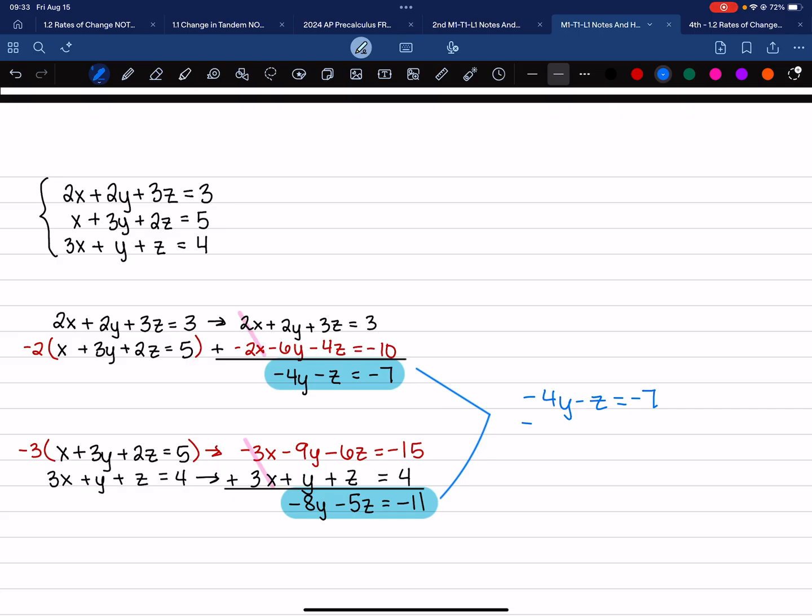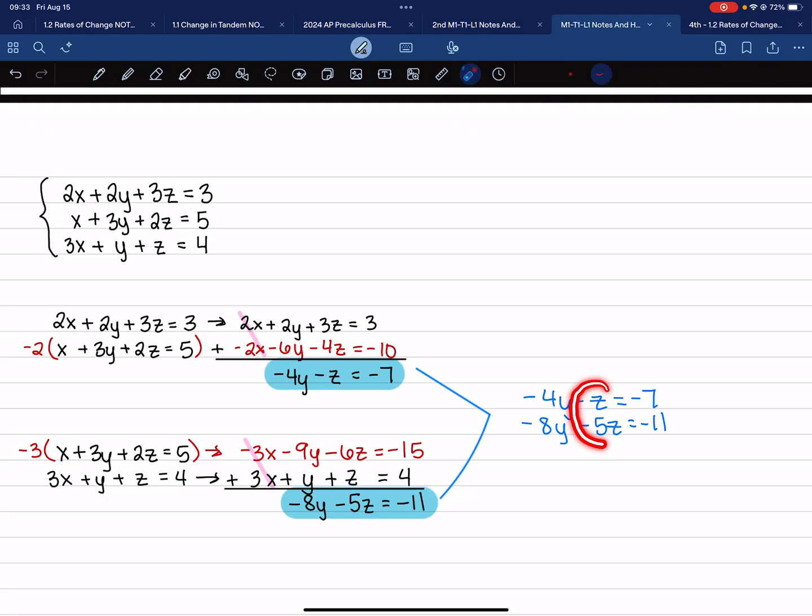And we're going to take negative 8y minus 5z equals negative 11. From here, you get to decide, do you want to cancel out the y variables? Do you want to cancel out the z variables? It doesn't matter either way, you're going to need to multiply one equation by something. In this case, let's cancel out the z variables.